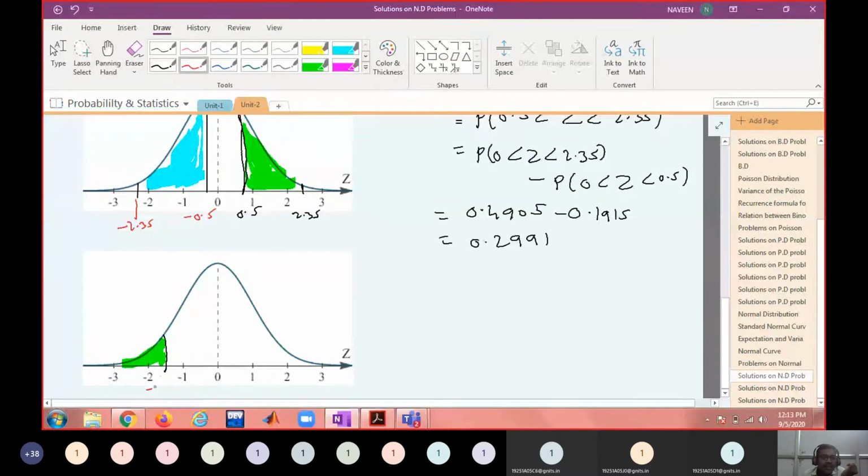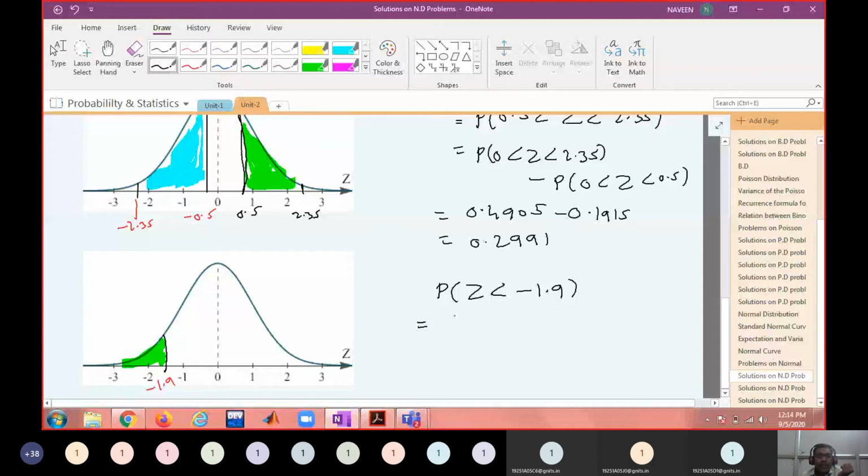Let us say this is minus 1.9. So how do you write this mathematically? Left means less than. The probability that z is less than minus 1.9. So how do you find out this normal probability?